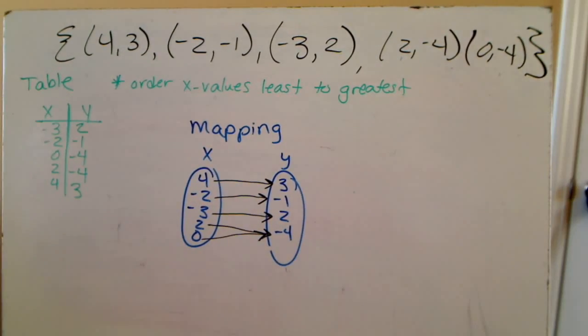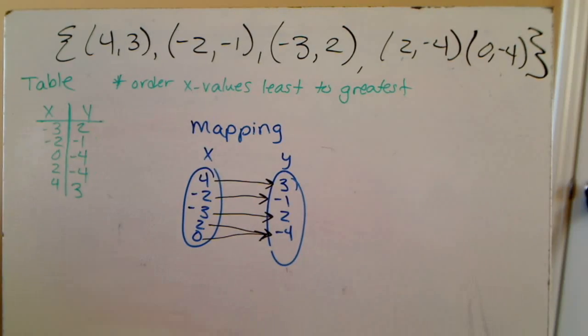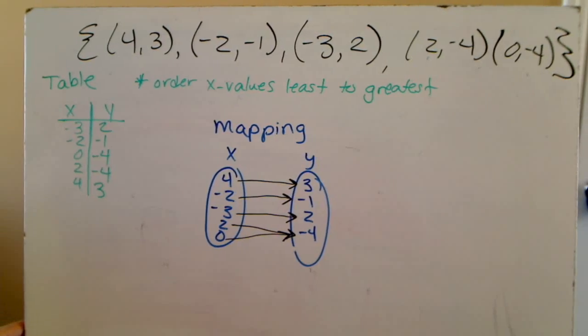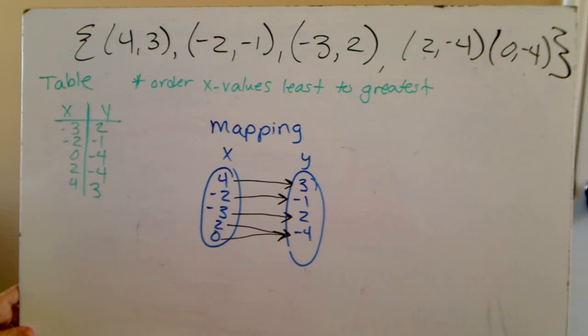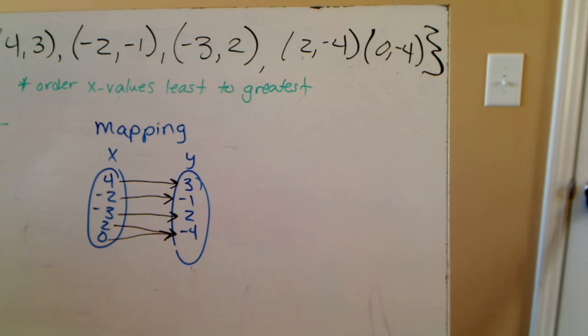Graphing should be something that we're already familiar with. So I'm actually just going to do a rough graph of these ordered pairs. However, make sure whenever you're turning in assignments that you do them on a piece of graph paper.